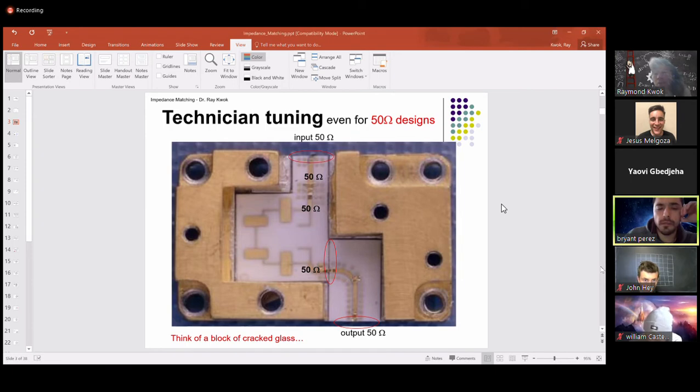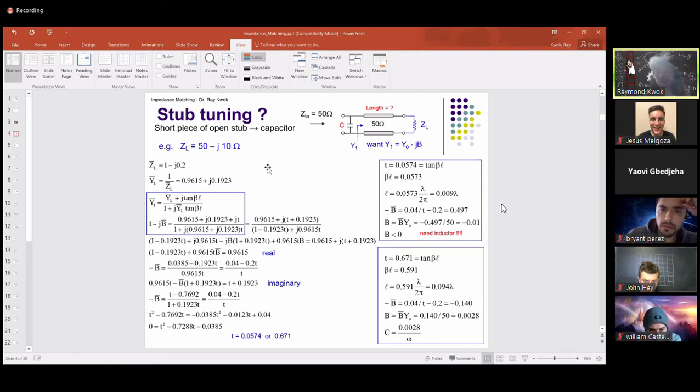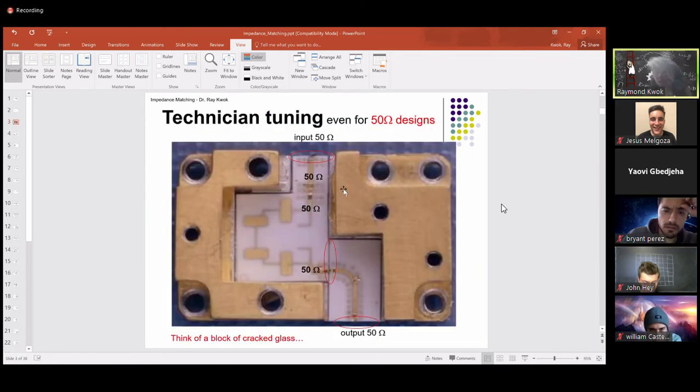Wait, I'm confused, because if that bigger chunk is the load, and we're looking into it, isn't the L the length of the transmission line that we're looking into from the load? Okay, let me define. So we are looking at a one port network, assuming everything is good. Assuming this is 50 ohm and I put a load in here to ground, looking into here, that becomes my input.